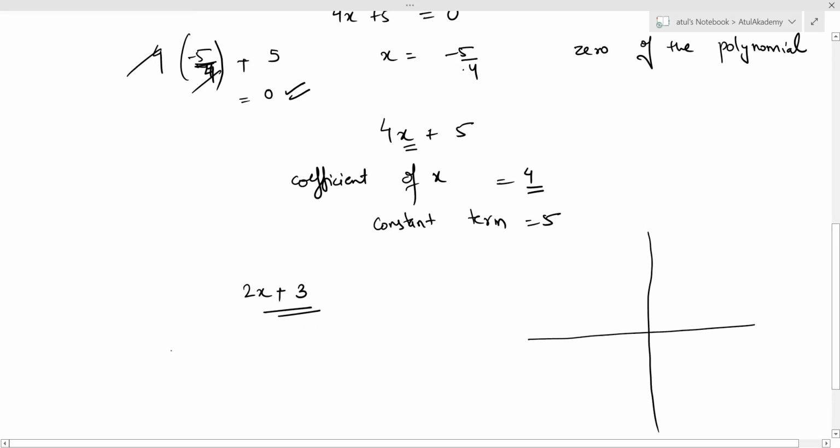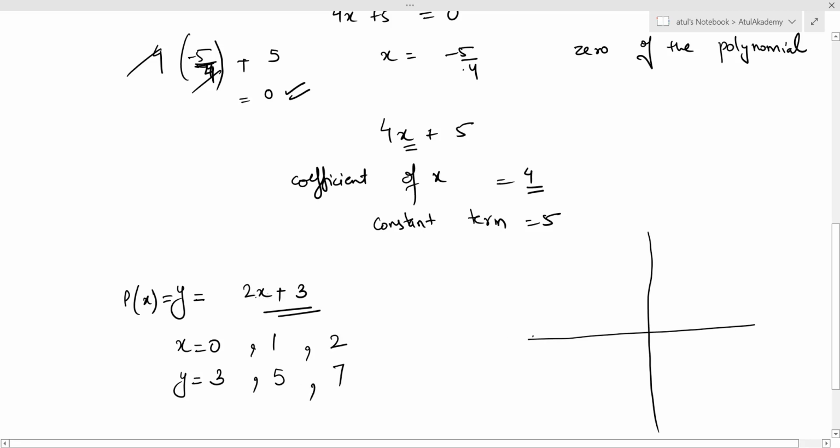If I put x as 0, taking the polynomial as y, so p of x is y, then 2 into 0 is 0 plus 3, so y is 3. If I put x as 1, y will be 5. If I put x as 2, y will be 7. Like that I'm getting the values.